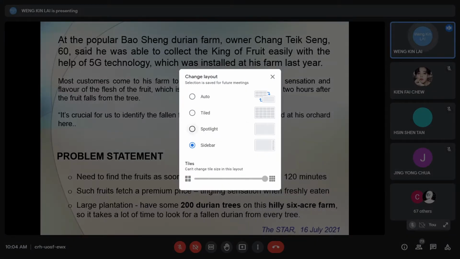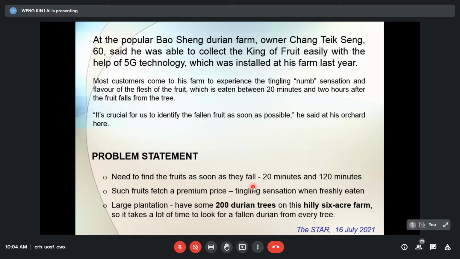That is a problem they need to solve. Why do they need to find the fresh fruits as soon as they fall? Because such fruits fetch a premium price, that means a higher price.